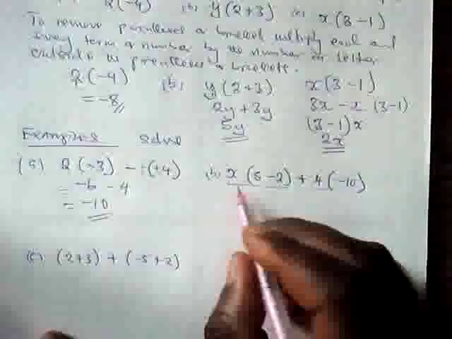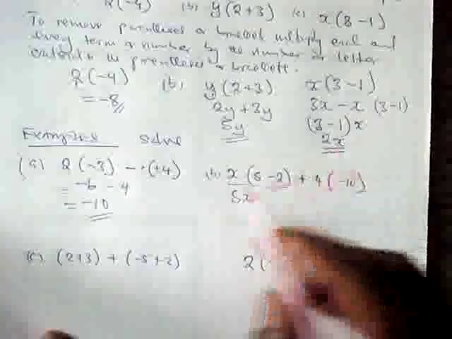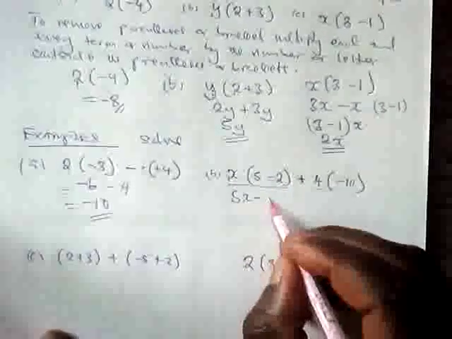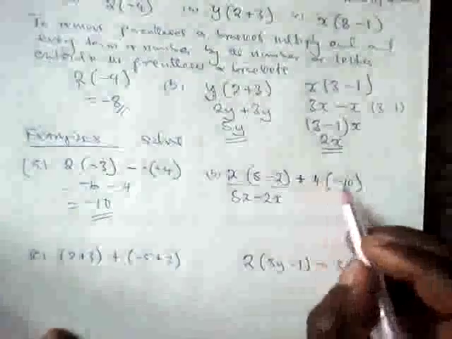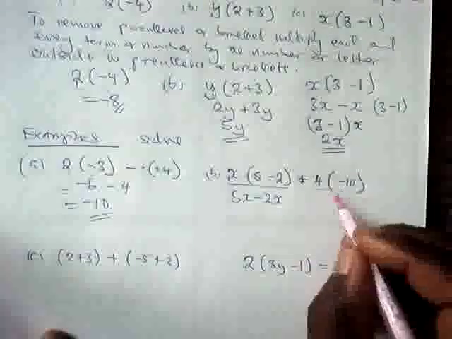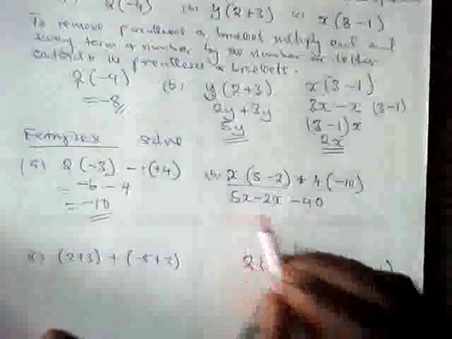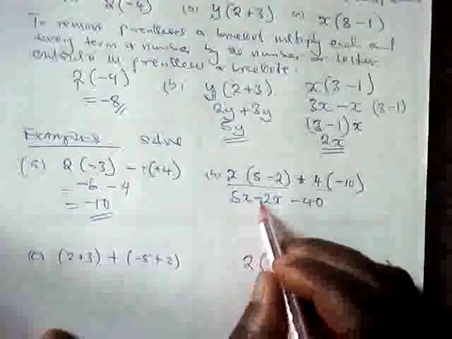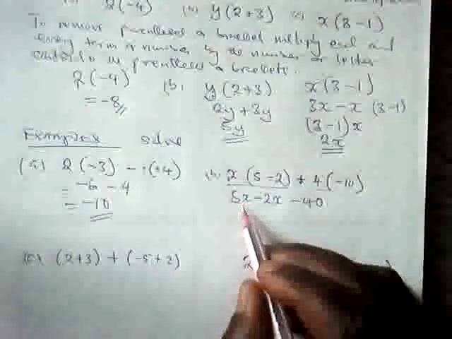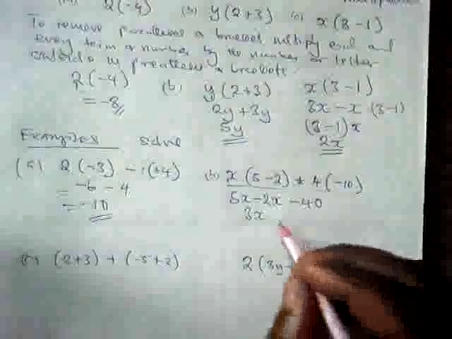So we start with multiplication before we add. So x times 5, that is 5x. x times -2, that is -2x. Then this is positive. 4 times negative, that is -40. So in this case, what we have now is 5x minus 2x. You have 5 x's, you remove 2 x's, you remain with 3x. Minus what?